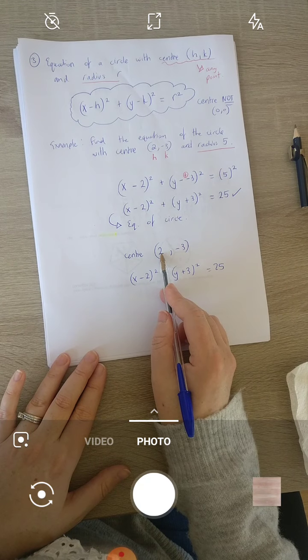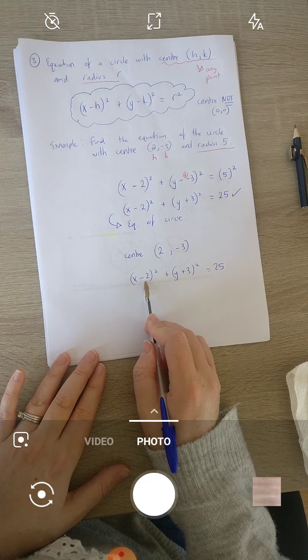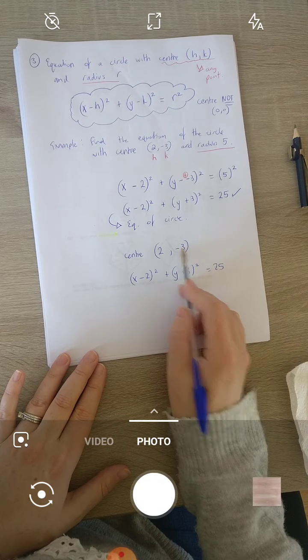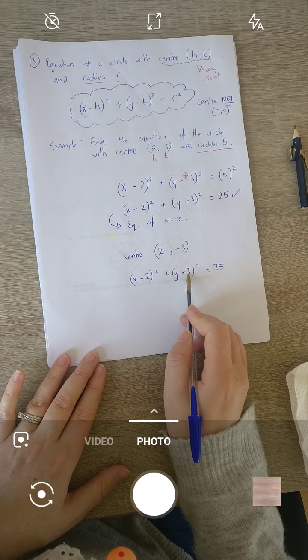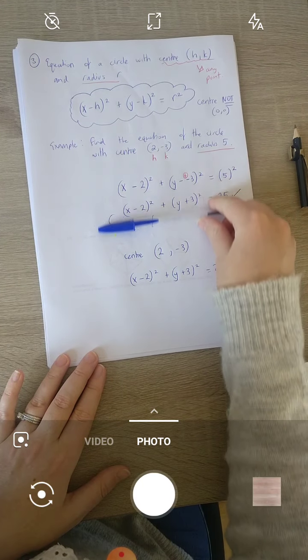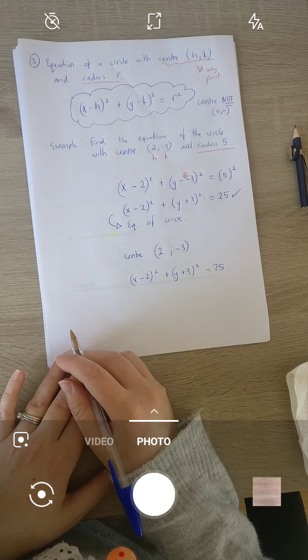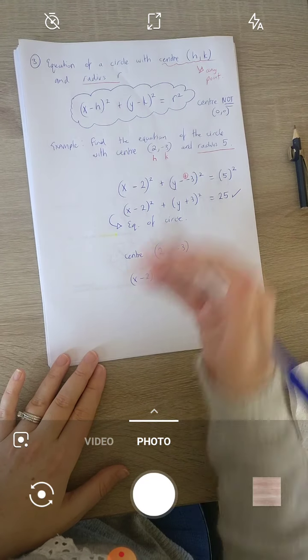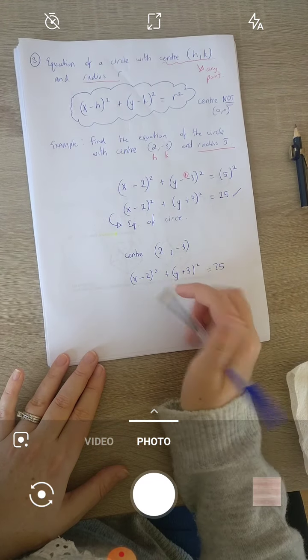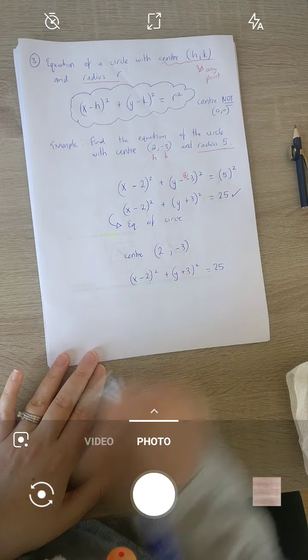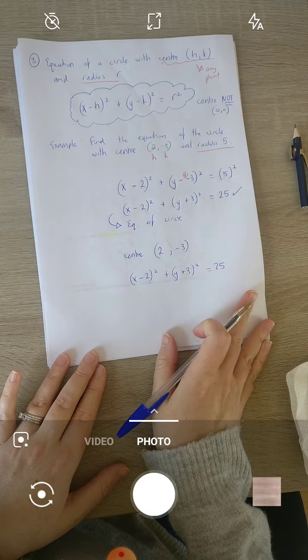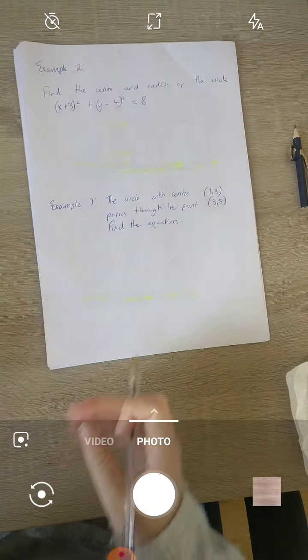So 2 becomes minus 2, and minus 3 becomes plus 3. So instead of subbing that in the way I did and making sure we check signs, you could literally just put it into the formula, but you must make sure the signs of the center become the opposite when they're in the equation. Okay, and that's really, really important.